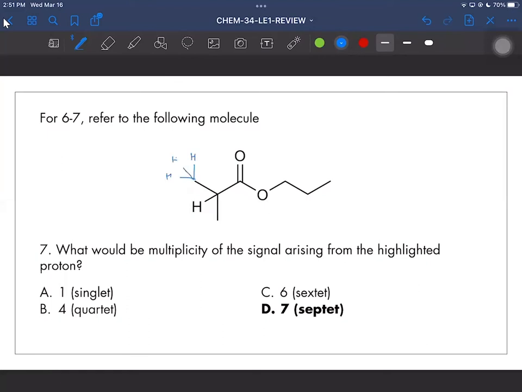So these protons interact with the highlighted proton. And with this, we'll just follow the multiplicity rule, n plus 1, where n is the number of neighbors. So since we have 6 protons as neighbors, so 6 plus 1, this proton would give a septet signal or would have a multiplicity of 7. So our answer would be letter D.